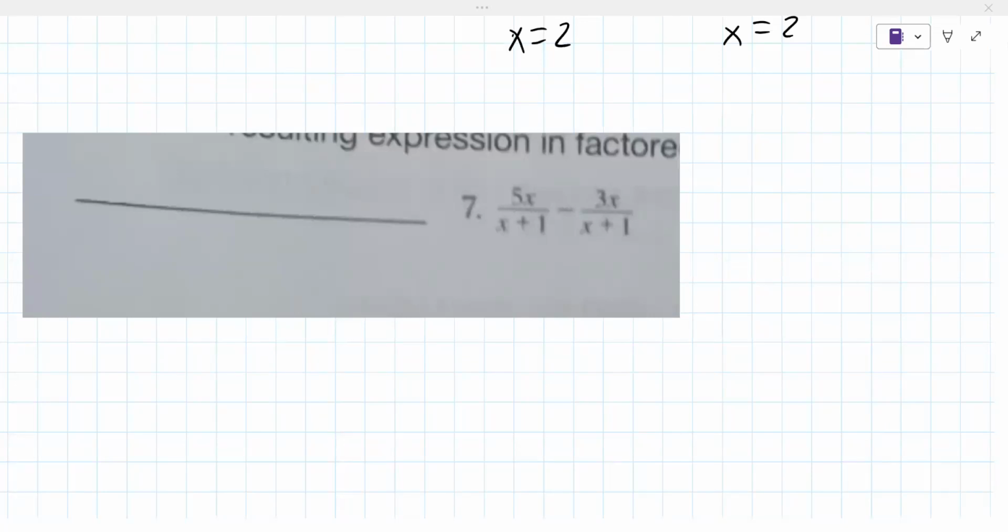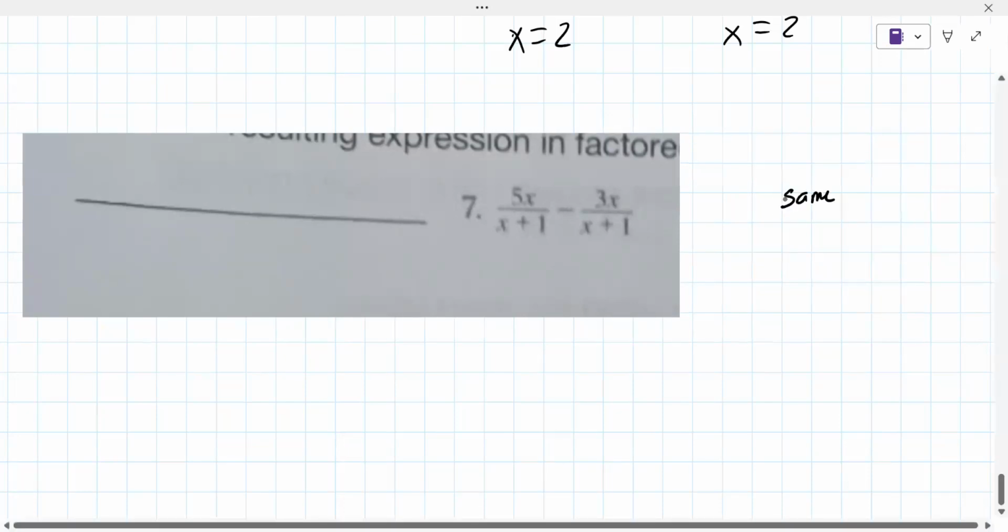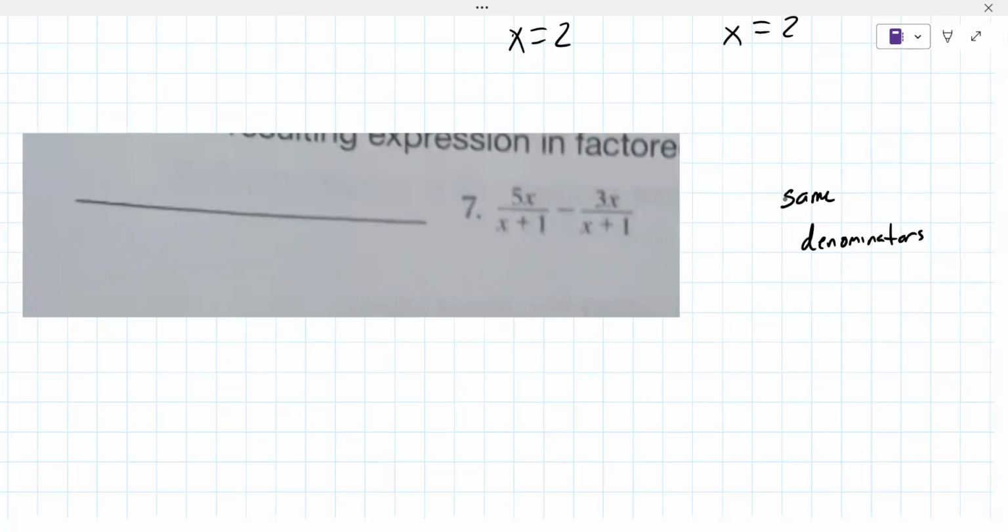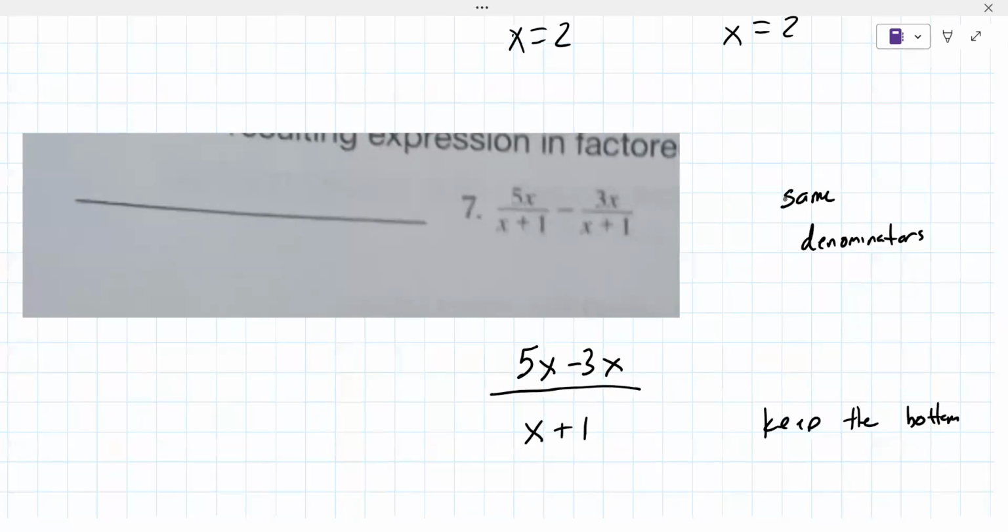The only way you can combine two fractions is if they have the same denominator. Do these have the same denominator? Yes, they do, the bottom half, which means you keep the bottom, but then you combine the top.